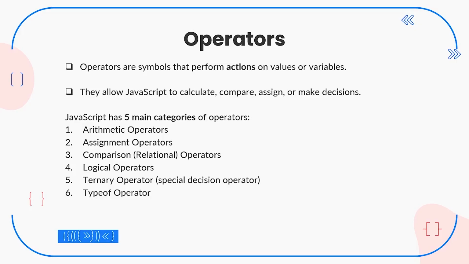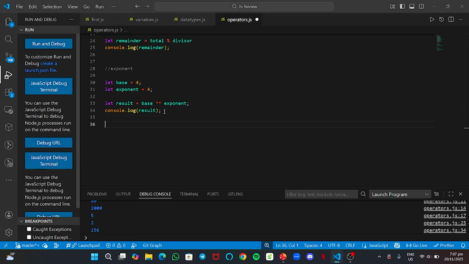Let's move on to assignment operators. Let's start with increment and then decrement. These operators are used to increase or decrease a number or a variable by 1. Let's say a equal to 20.